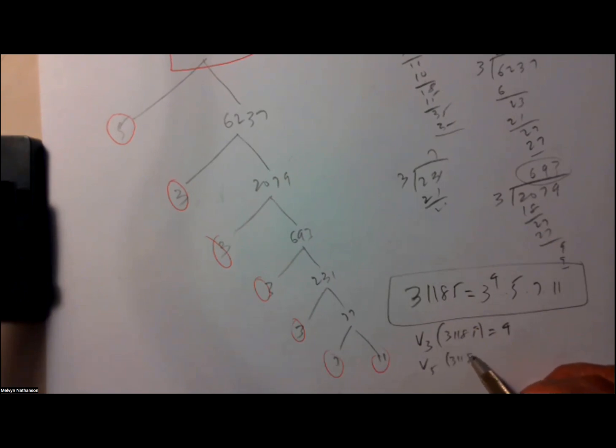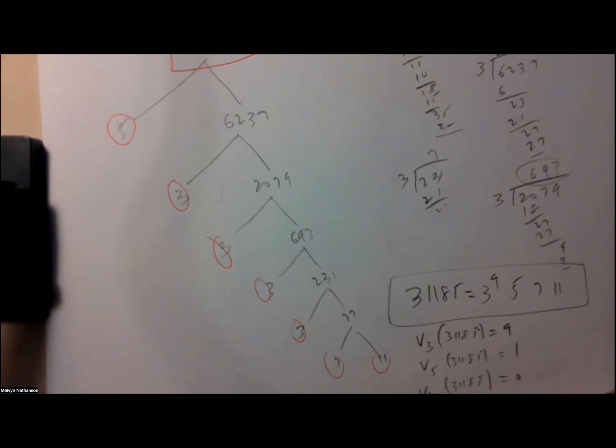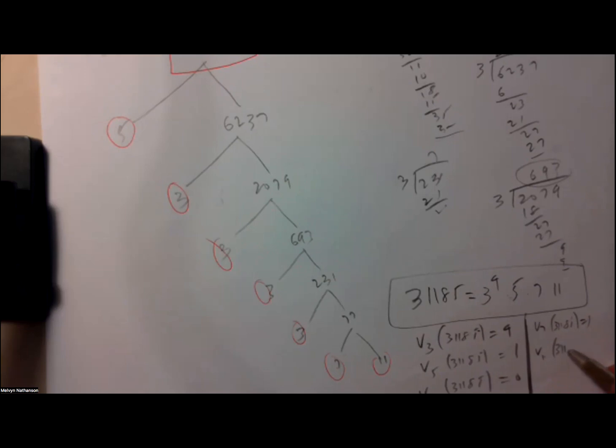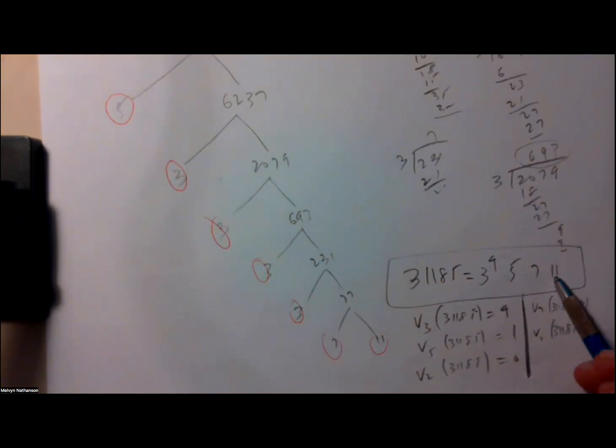V5 of 31185 is 1. V2 of 31185 is 0, because this number is not divisible by 2, and so forth. V7 of 31185 is 1. V11 of 31185 is 1. And for any prime bigger than 11, Vp of 31185 would be 0.